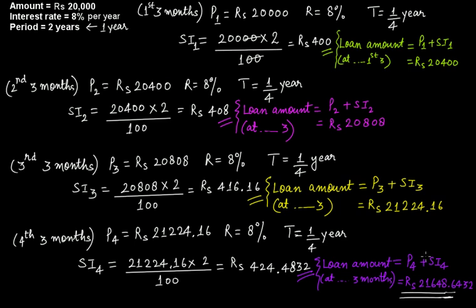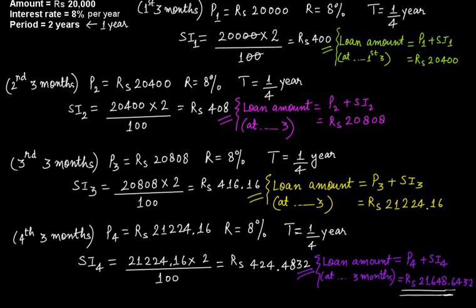This is nothing else but the initial amount that you took from the bank plus interest for the first 3 months, plus interest for the next 3 months, plus interest for another 3 months, plus interest for another 3 months. So P1 plus SI1 plus SI2 plus SI3 plus SI4 is the loan amount that you have to pay back to the bank at the end of 1 year.